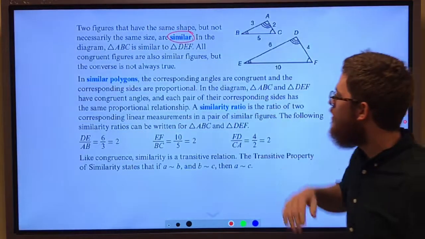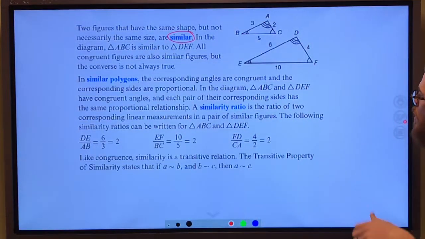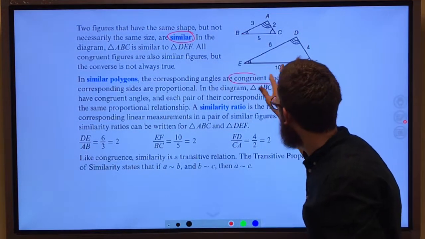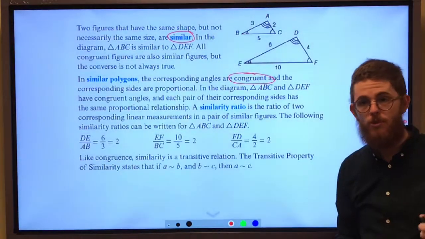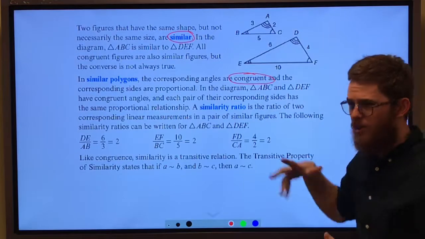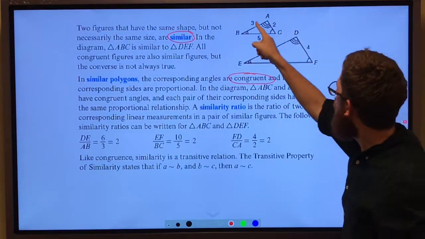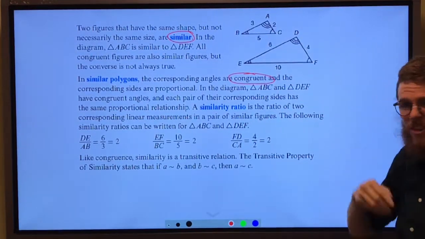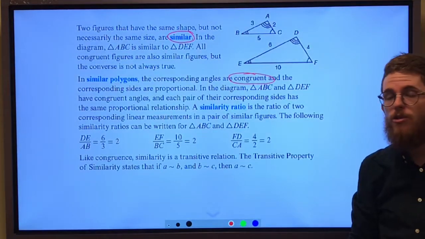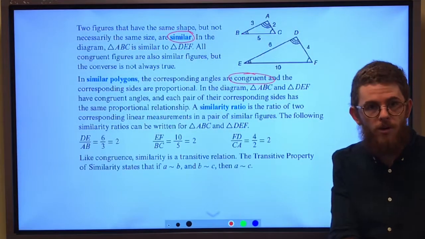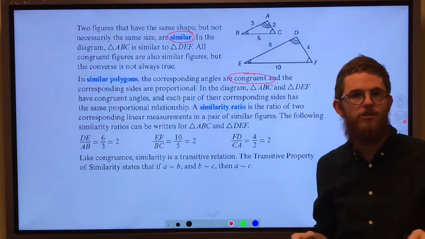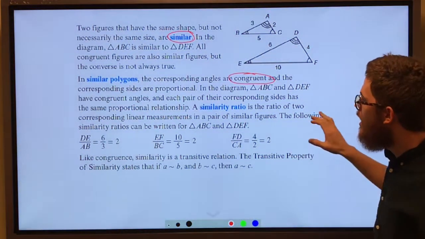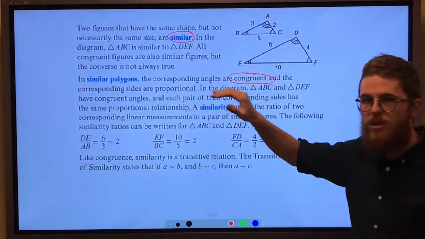And so it says here, in similar polygons, the corresponding angles are congruent, and the corresponding sides are proportional. So, remember I was referencing this earlier, all the angles of this triangle are congruent to all the angles of this one down here, so that would mean they are similar, because in similar shapes, their angles are exactly the same, and their sides will always be proportional.